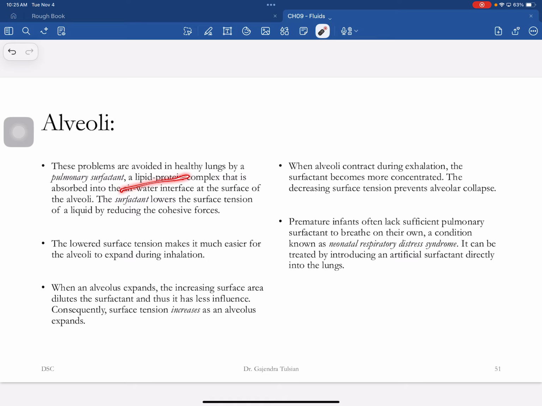Premature infants often lack sufficient pulmonary surfactant to breathe on their own, a condition known as neonatal respiratory distress syndrome. It can be treated by introducing an artificial surfactant directly into the lungs. They breathe this surfactant, and that goes into all the alveoli. Then as the baby grows, they produce these lipid proteins, and so they fix the problem themselves.